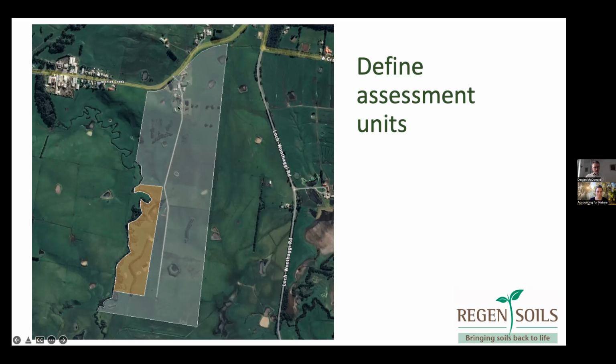There's a single soil type that dominates on this farm, which is shown in the lightly white shaded section, and that's a dermosol, which is a soil order under the Australian Soil Classification. The area highlighted in yellowy brown colour is a separate soil order called a hydrosol.